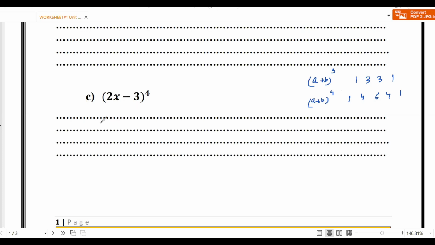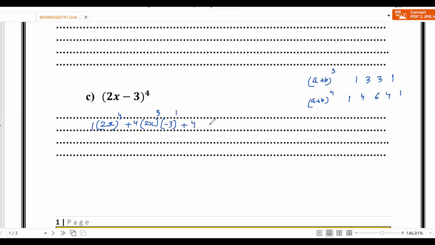So let's see, we will start with the highest power of 4, the first term 2x, that gives me (2x) to the power 4. There is 1 here, and then plus 4 times (2x) to the power 3 times (minus 3) to the power 1.